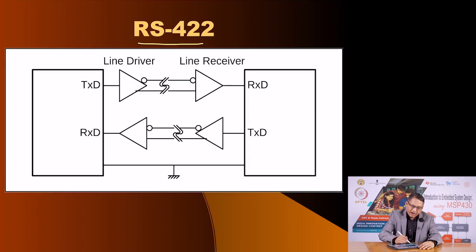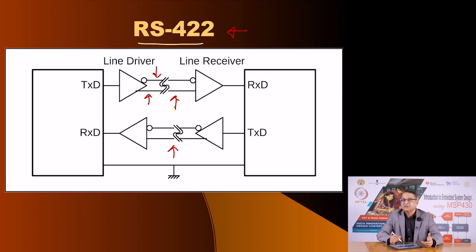But remember, our UART here is still the same. It also has the same data format. Voltages are also the same, but the voltages that are available on these serial communication lines now conform to RS422 format. Here the line driver has a true and an inverted value, and these are again received by the receiver.